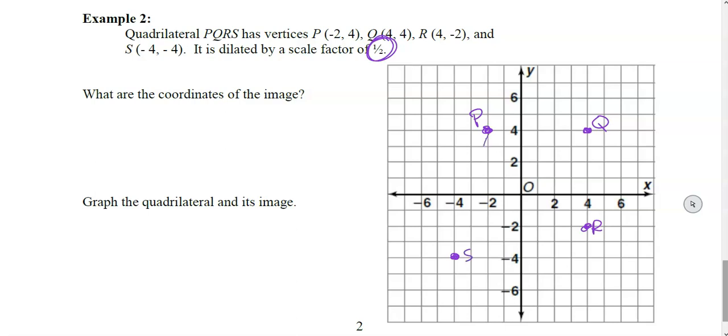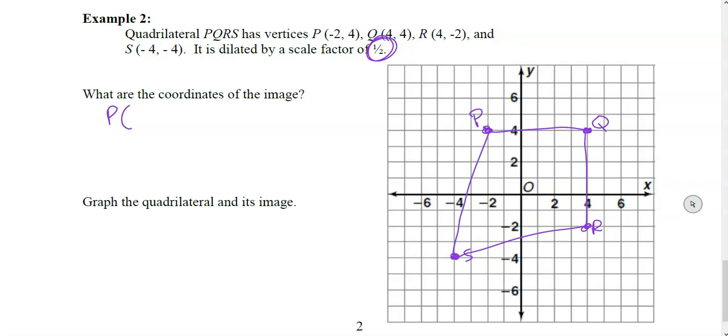So here is my image, or my pre-image. This is my original image, and it says it's dilated by a scale factor of 1/2. So then I know that my image is going to get smaller because it is a scale factor less than 1. So what you want to do is go ahead and multiply each point by 1/2.